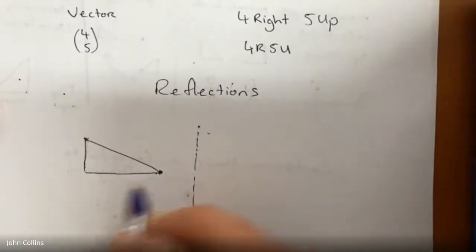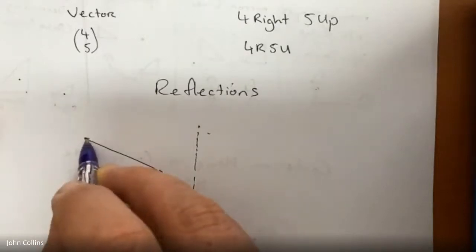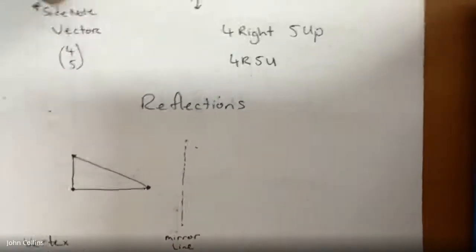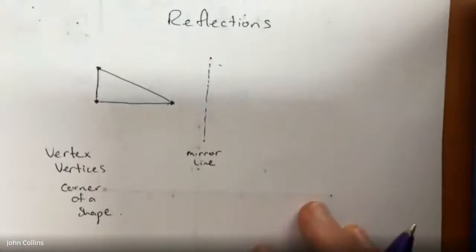For this, we need to move these vertices one by one. In case you can't remember, a vertex or vertices, that's a corner of a shape. So if I do say vertex or vertices, that means a corner of a shape.